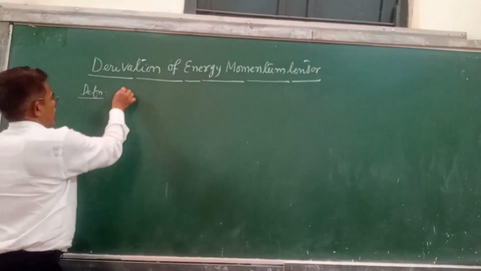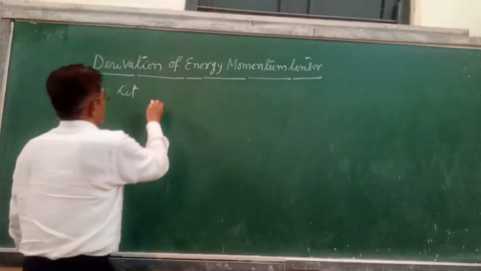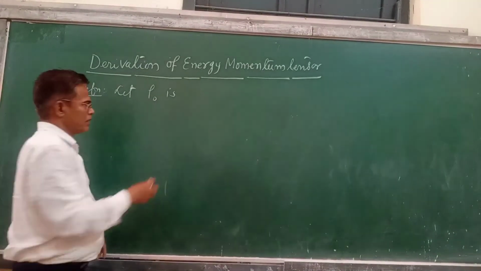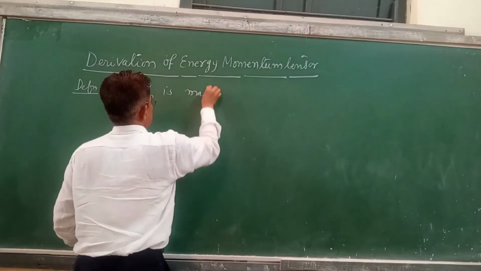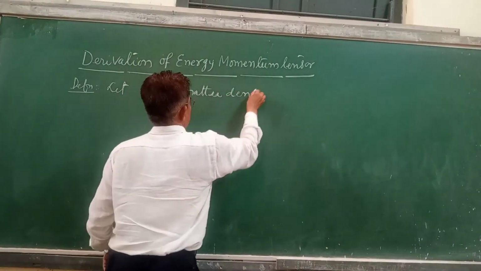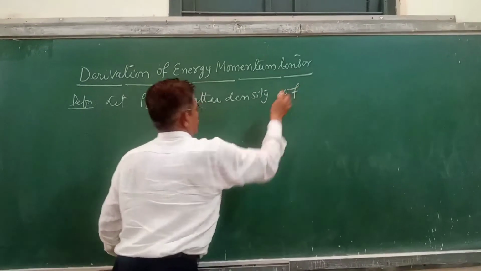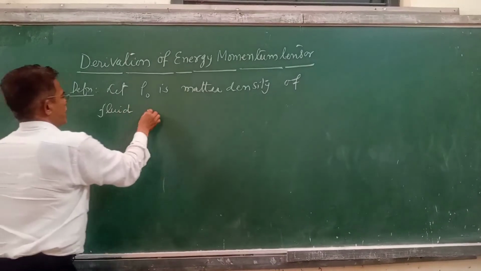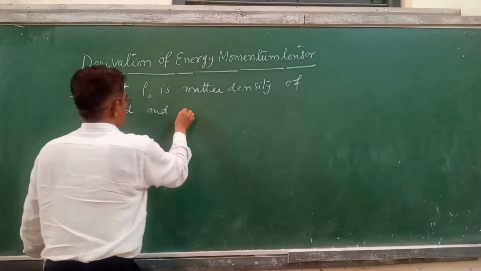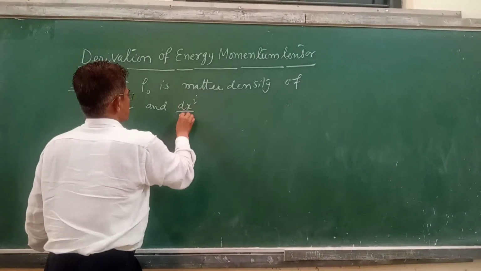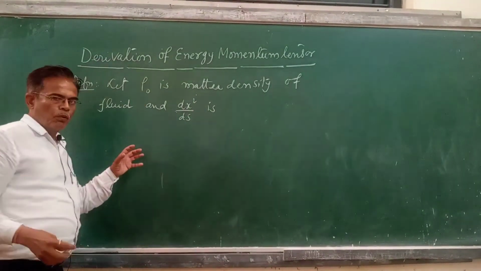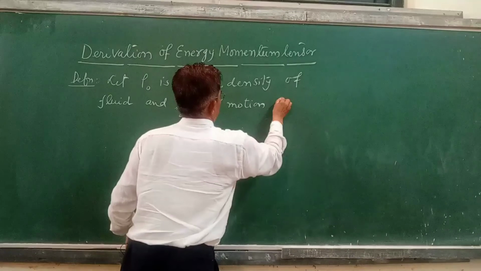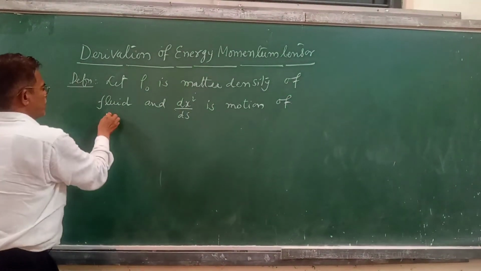So let rho zero be the matter density of a fluid, and dx^i upon ds be the motion of the fluid.